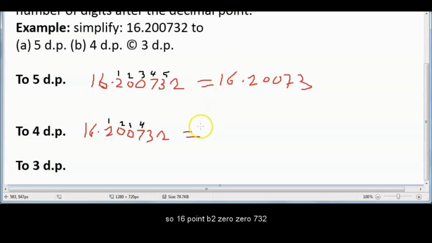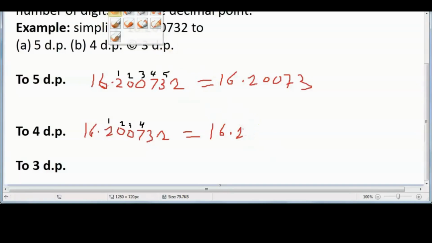So 16.200732 to 4 decimal places is 16.2007.